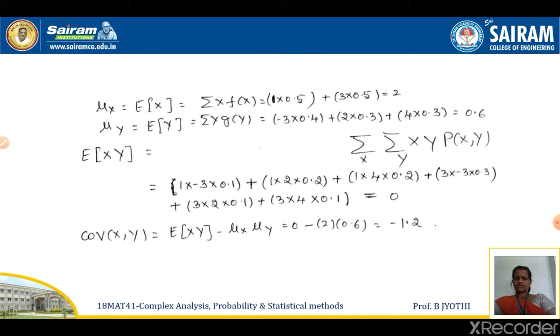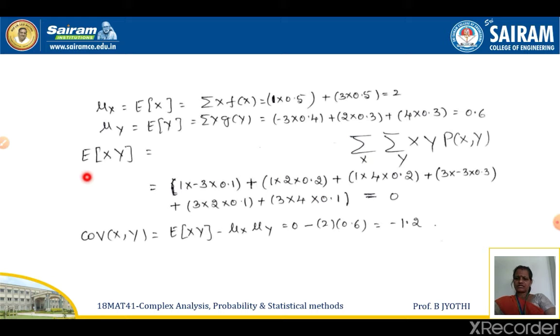So mu x, that is E of x, is 1 into 0.5 plus 3 into 0.5, which gives us 2. Similarly, mu y or E of y is given by y into g of y, that is minus 3 into 0.4, 2 into 0.3, 4 into 0.3, which gives us 0.6.